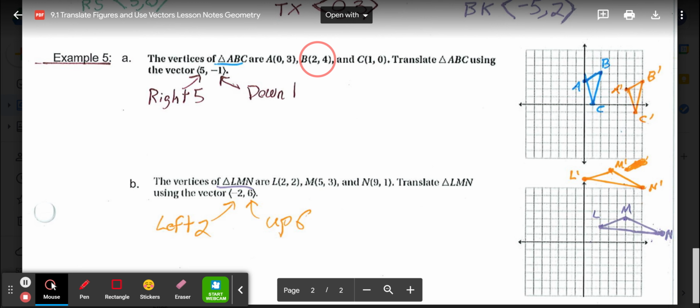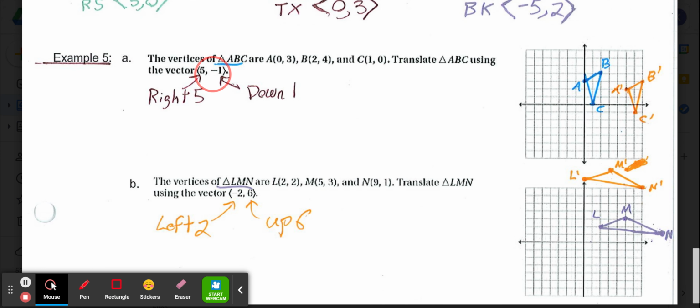So first, just graph that triangle. Over 0 up 3, over 2 up 4, over 1 up 0. Connect your points to get triangle ABC. So it asks us to translate ABC using vector <5, -1>. So the first value tells us right or left. Positive 5 would be right 5.